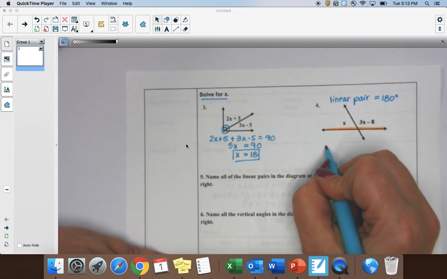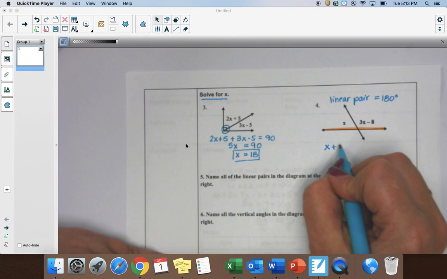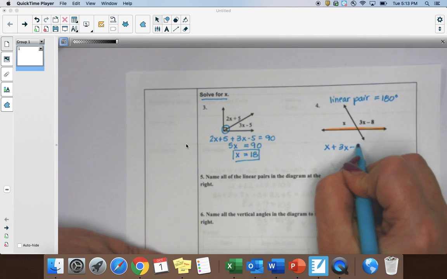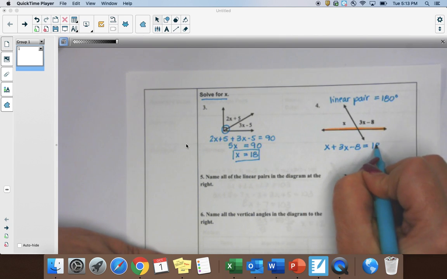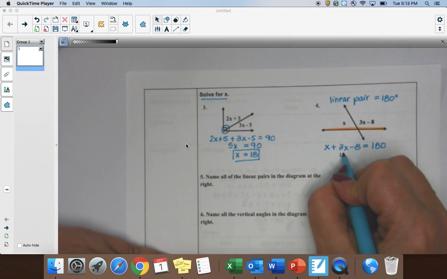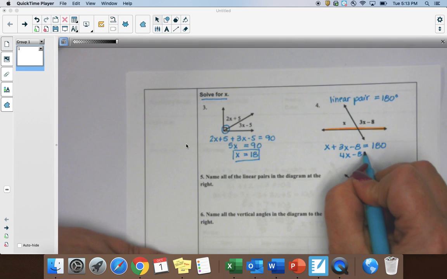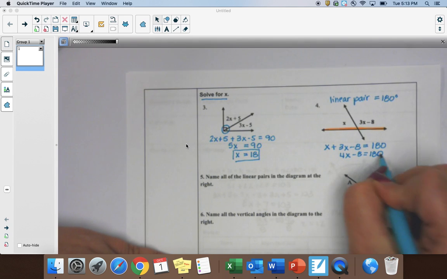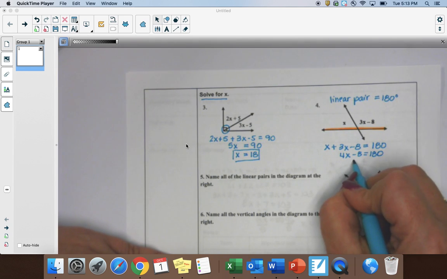So you would take your two angles, x and 3x minus 8, and you would set that equal to 180 because they're supplementary. Combine your like terms. Add 8 to both sides.